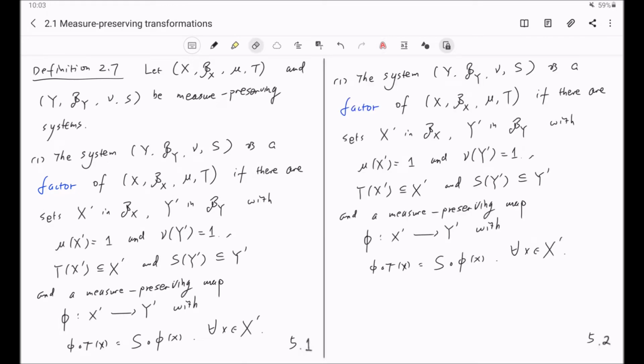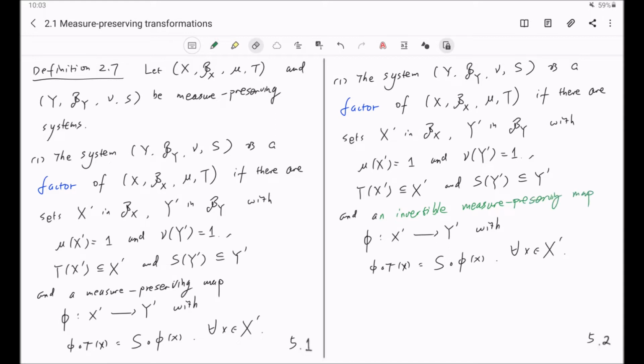So the only thing that changes in this definition is that instead of just measure preserving, we put that this is an invertible measure preserving map.